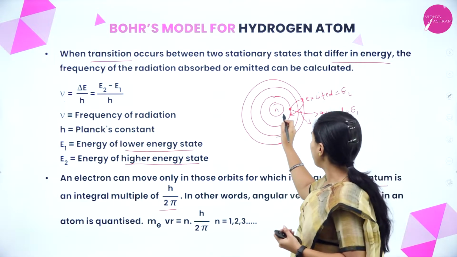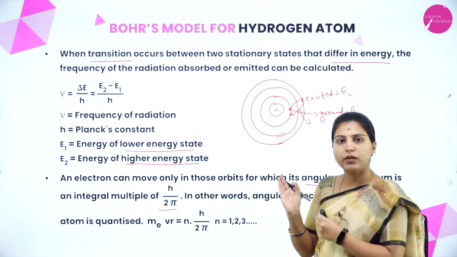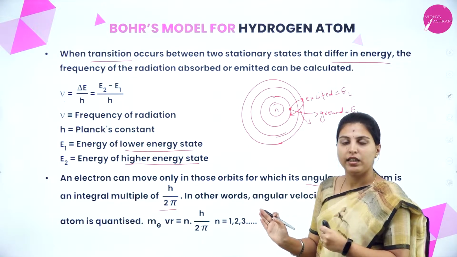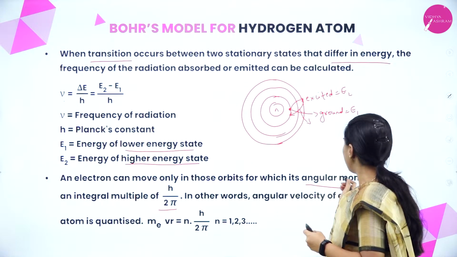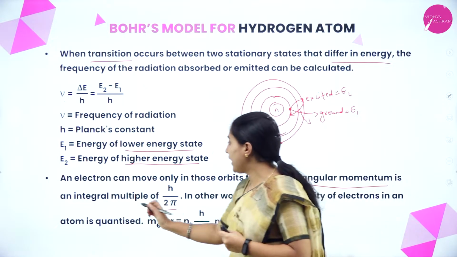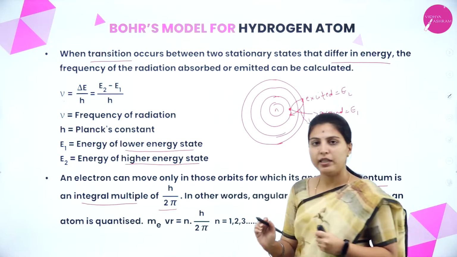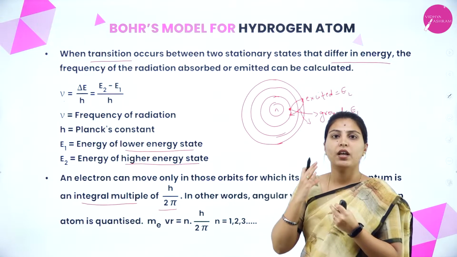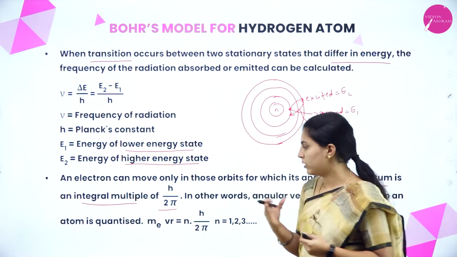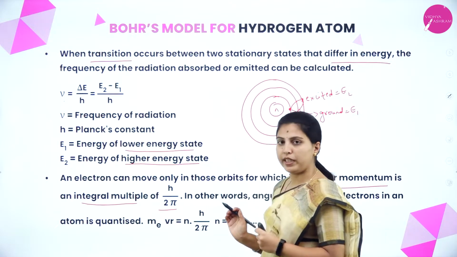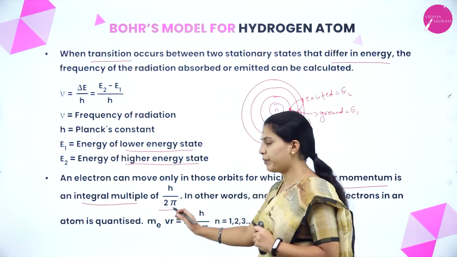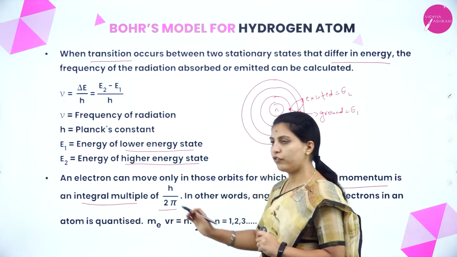One electron is moving at one angle, another electron will move at another angle. The angles will be different. Momentum means velocity, right? So, the angular momentum is an integral multiple. Integral multiple means it will be an integer with multiples. So, that is h by 2 pi. Here the angular momentum will be h by 2 pi, and only here the electron will move.